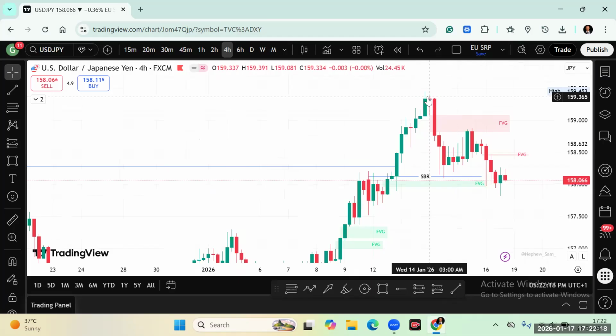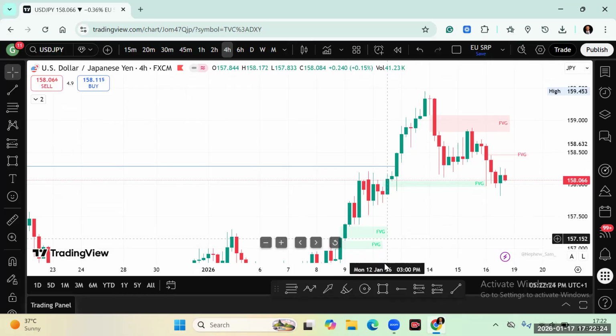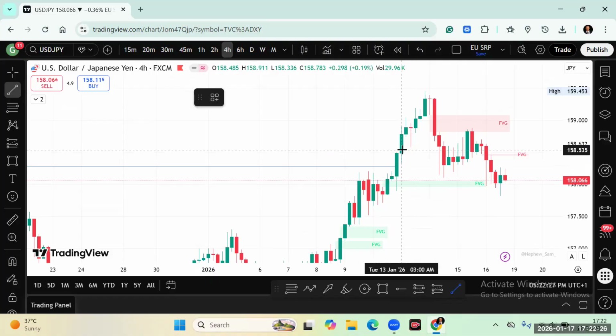So in 4 hours, the first one we had was when it closed below, around here. It didn't really give us a good setup, but let's look at it.